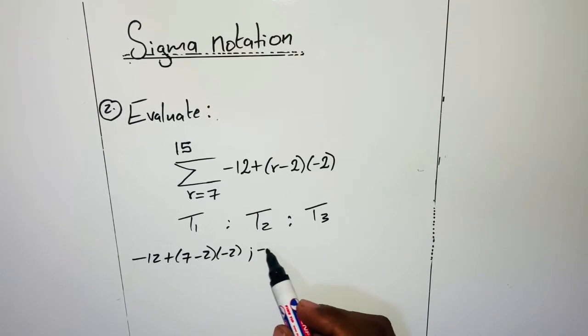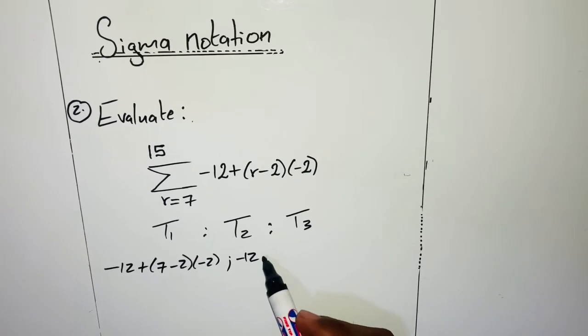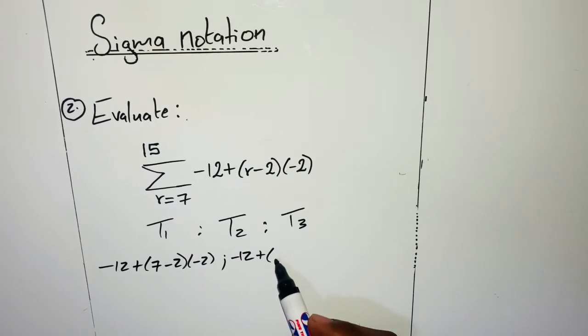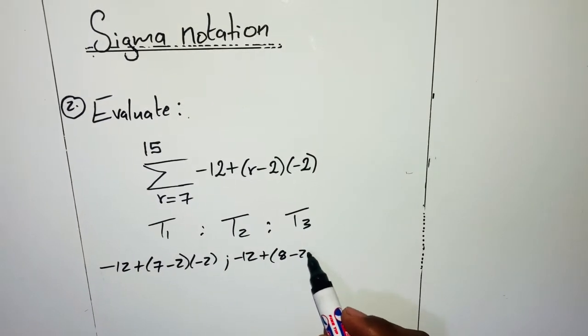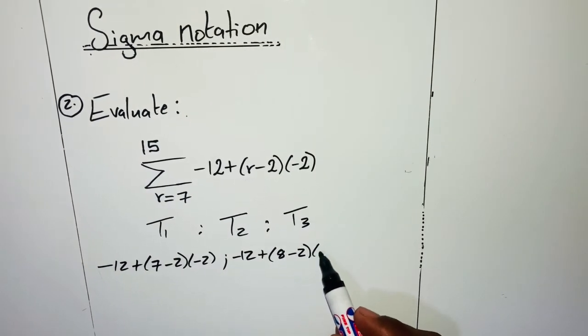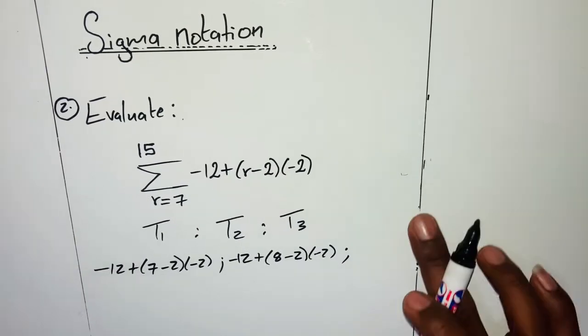Then you go on to substitute an 8, where there is r, you must now put an 8 minus a 2. Then you go on to find your T3.